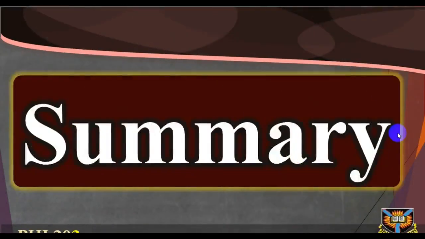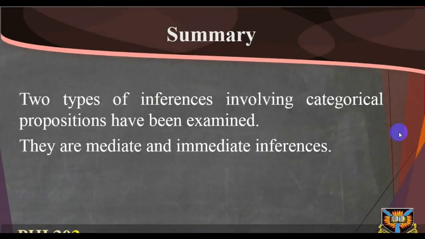In this study session, we discussed broadly two types of inferences involving categorical propositions. They are mediate and immediate inferences. Mediate inference proceeds from two premises to a conclusion, whereas an immediate inference proceeds from only one premise to the conclusion.